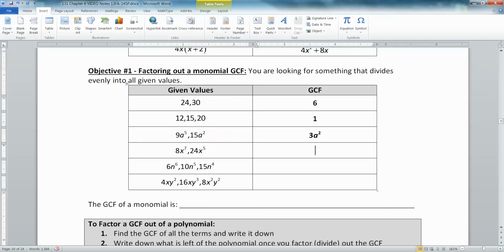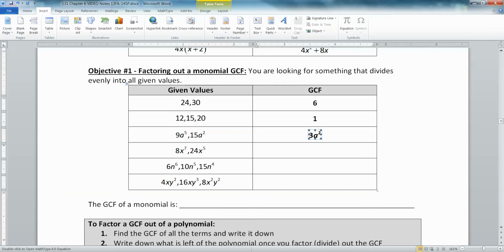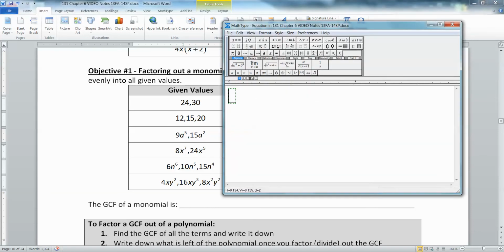All right, next. What about 8x to the 7th and 24x to the 5th? All right, well, let's see. 8 and 24, that's obvious. 8. 8 goes into 24. And then x to the 5th goes into x to the 5th 1 time. What you're trying to think to yourself is, can I take x to the 5th over x to the 5th and get something that's either a number or a positive power? Yes.